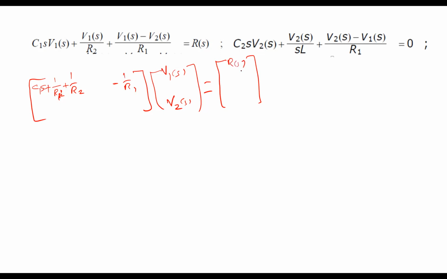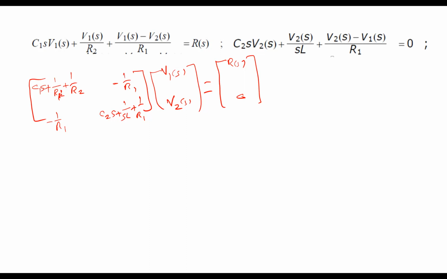Now in here, from the second one, I will have minus 1 over R1. And in here, I will have C2S plus 1 over SL plus 1 over R1. And this is 0. Do you agree?